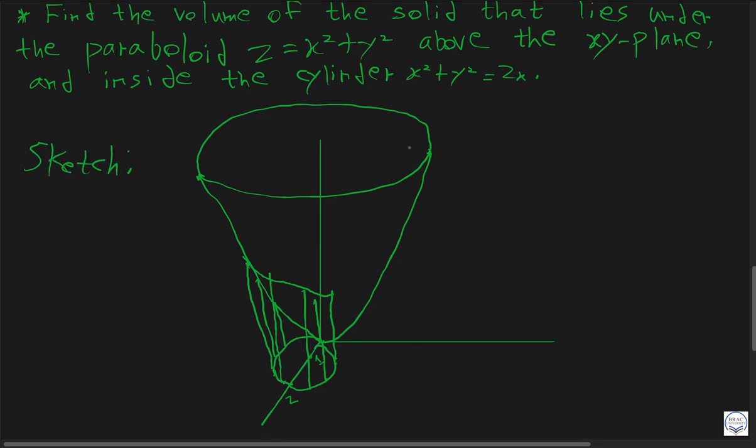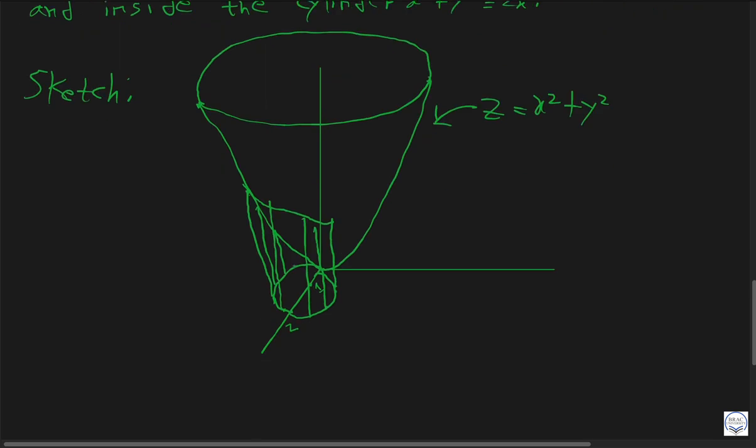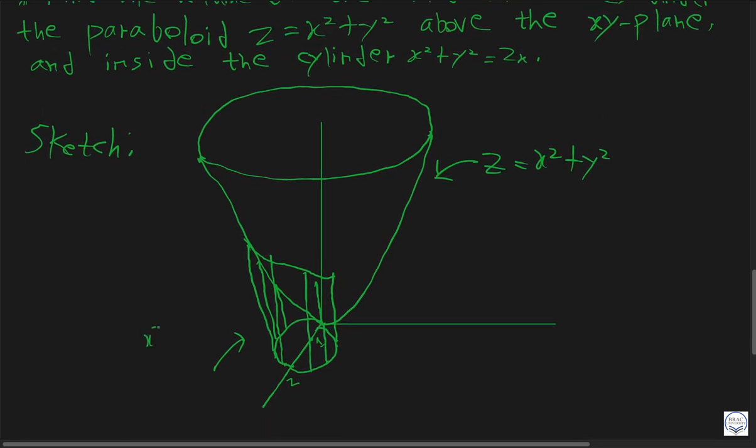This is the paraboloid, z equals x squared plus y squared. This over here is our cylinder, x squared plus y squared equals twice x. The question is asking us to find the volume that is underneath this paraboloid.